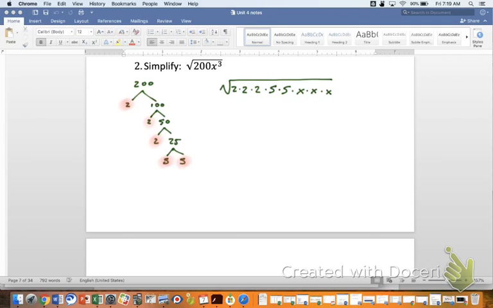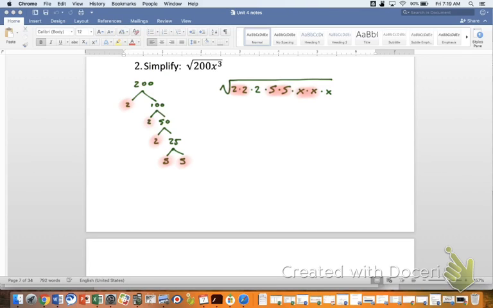So the trick to simplifying these radicals now is to look for pairs of like factors. So I see a pair of 2's, and I also see that there's an extra 2 that doesn't pair with anything, so we're just going to leave that one alone. I also see that there's 2 5's. And finally, I see that there is a pair of x's, of course, acknowledging that there is an extra x in there as well.